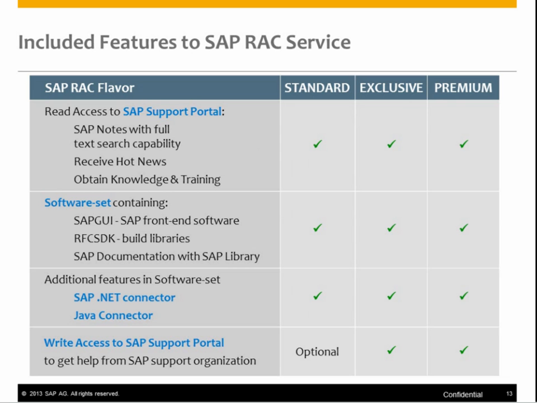Also, there are hot news on the latest SAP development, on new releases, what is going on with the strategy of SAP. Also, you can obtain knowledge and training by information material that is available on the SAP support portal.